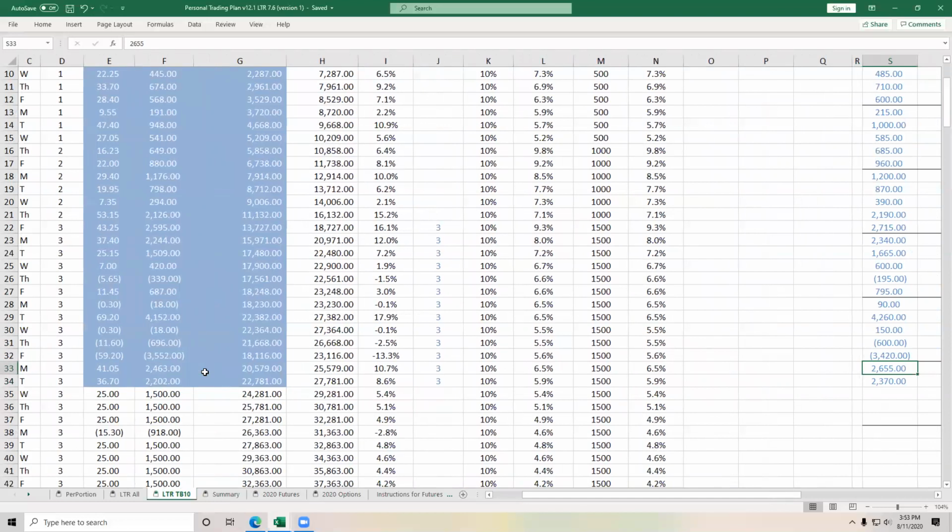So that was 44.25 points at $20 a point, so 44.25 times $20 a point is $885, and our trading plan has scaled us up to 3 contracts, so it's $885 times 3, $2,655. That was our profit.